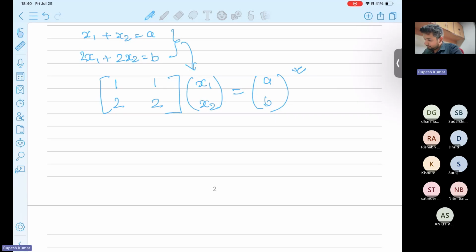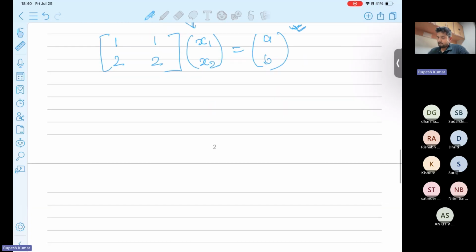Fine. Now the problem is how to solve for x1 and x2. And I believe you haven't seen matrix inverses, so you won't be able to use that for solving these problems. But one thing you can do is try Gaussian elimination to solve this system of equations.